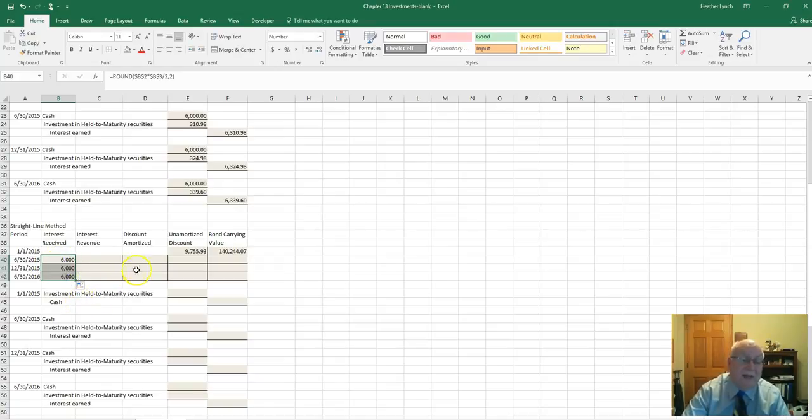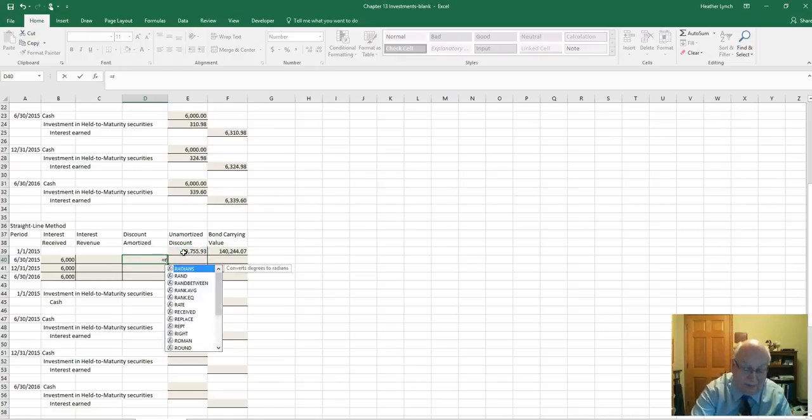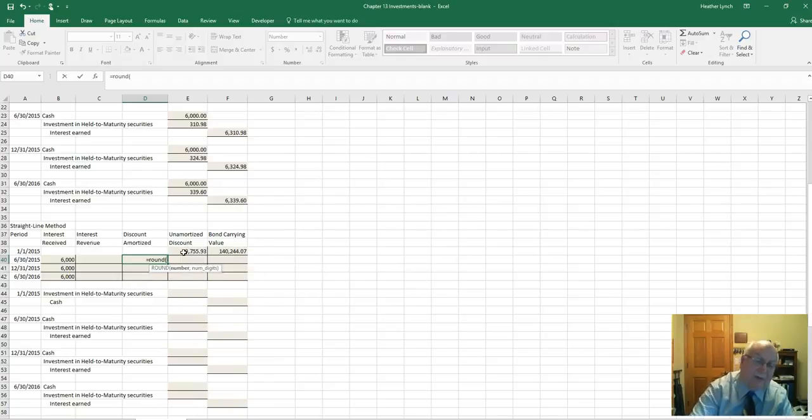Now, for the discount, on the straight line method, this is done a little differently. We take the unamortized discount. I'm going to do a round function because I'm doing Excel. The unamortized discount divided by 20, comma 2.